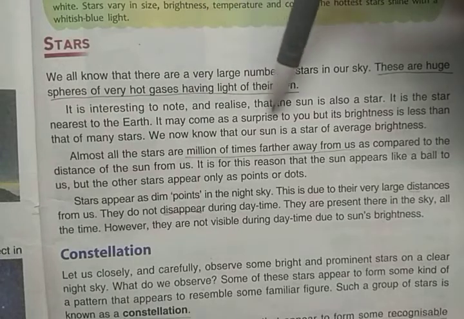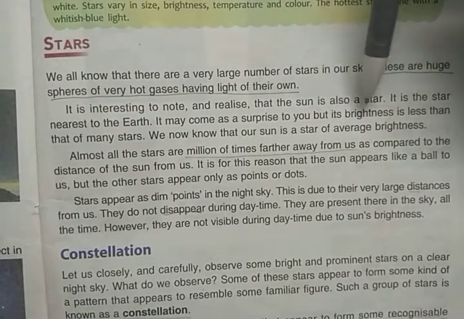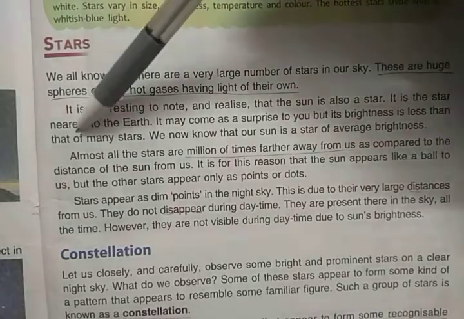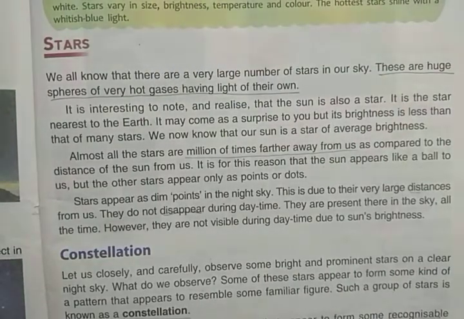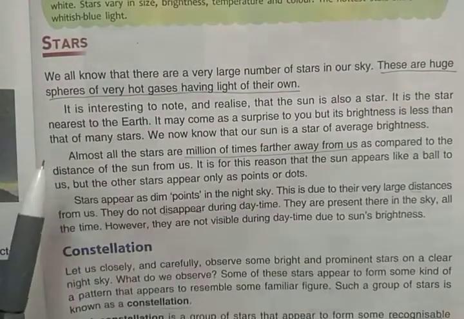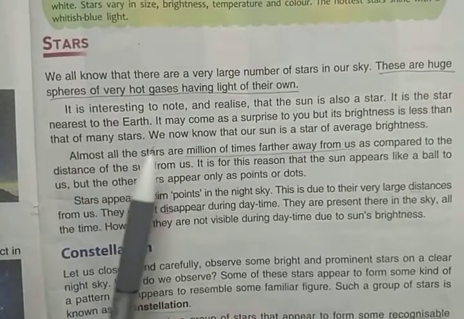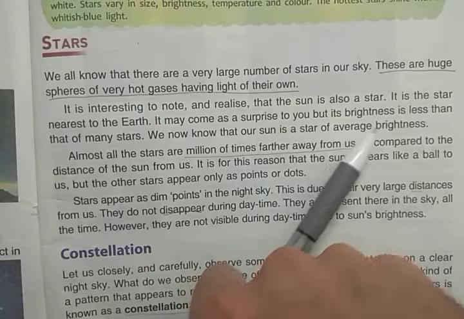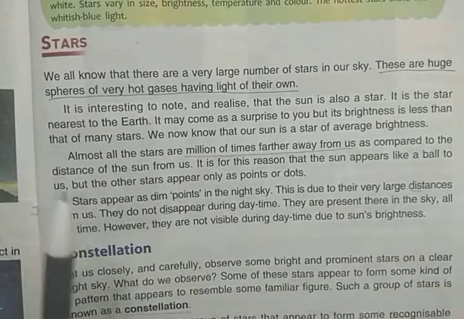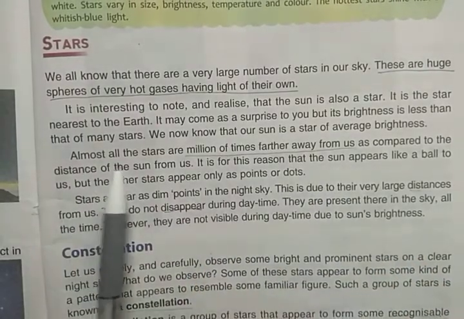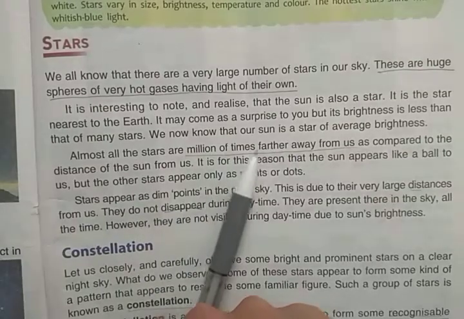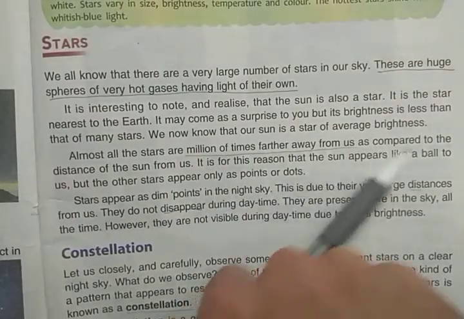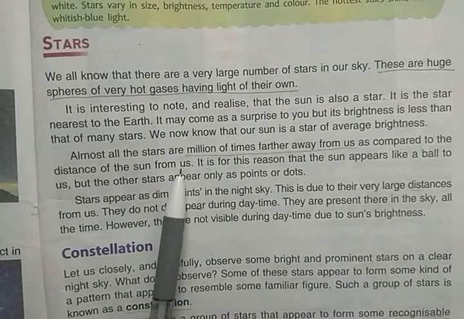It may come as a surprise to you, but its brightness is less than that of many stars. Its brightness is less than many stars, and we now know that our Sun is a star of average brightness. Almost all the stars are millions of times farther away from us as compared to the distance of the Sun from us.